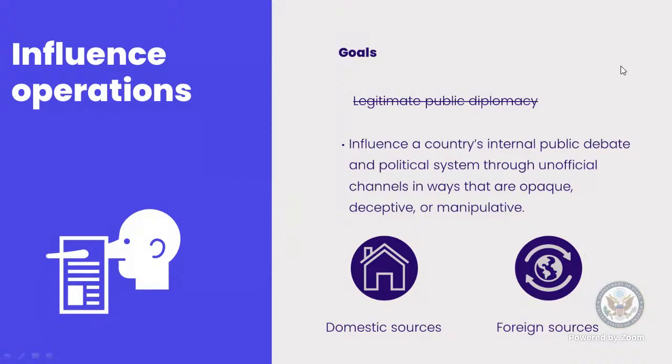So instead of maybe the regular channels, doing town hall meetings, doing regular advocacies on radio, in the media, mass media, trying to get people to understand an issue, we use very unofficial means, kind of subtle warfare to manipulate and deceive people into believing a particular information. And we said this can be from domestic or foreign sources.